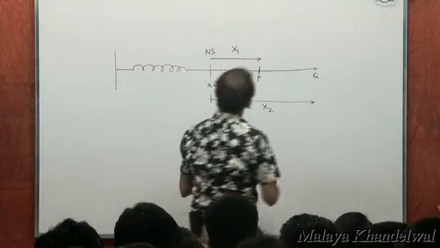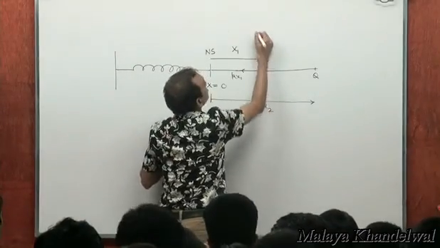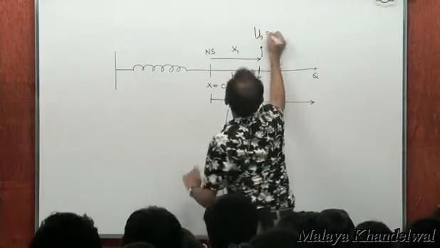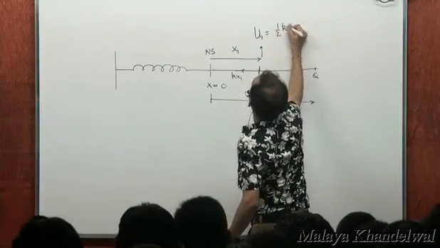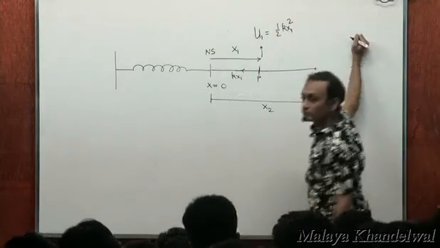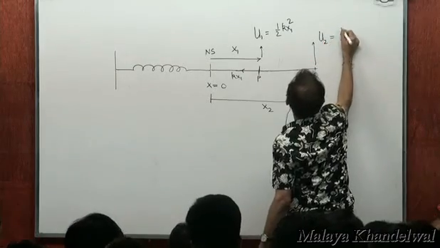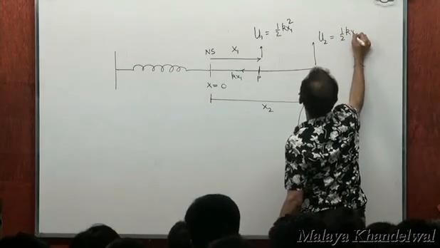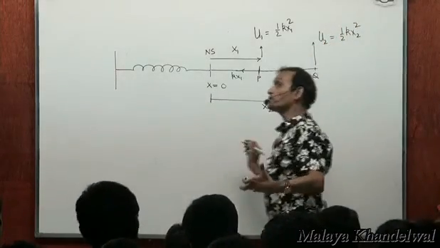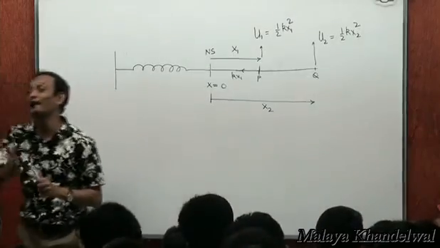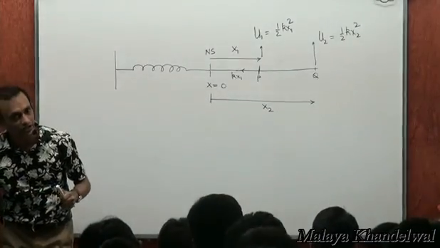Now, at P, what is the potential energy of the spring? Half k x1 squared is the potential energy of the spring. At Q, what's the potential energy in the spring? Half k x2 squared is the potential energy in the spring. The work done by a conservative force will always be negative of the change of potential energy, right?